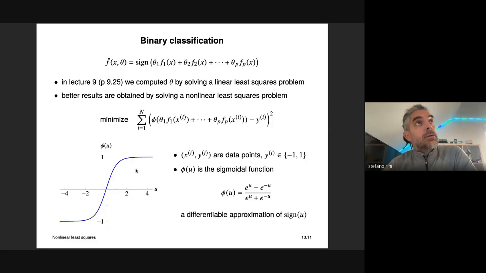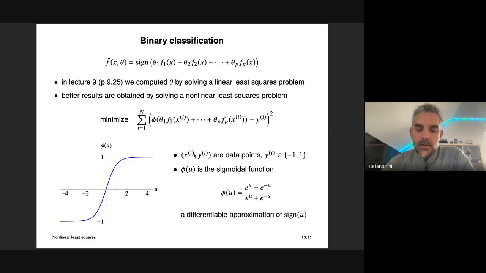We decide to model the uncertainty of the label using this sigmoidal function, which is (e to the u minus e to the minus u) over (e to the u plus e to the minus u). This is a differentiable approximation of the sign of u. The dataset points are xi, yi, and the yi is either -1 or +1.